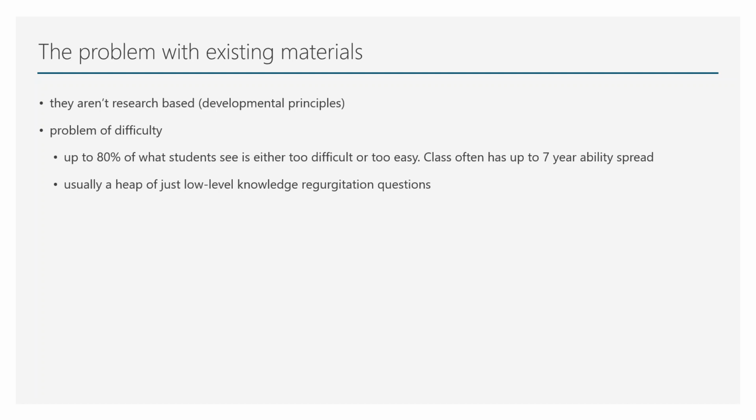Some of the textbooks have started asking skill-based questions and historical thinking concept-based questions, but they're not mapped to a progression, and so there's no way for students to get better by answering harder and harder questions. So even if there are questions that test or develop a skill or look at a historical thinking concept, the teacher and the student don't get any idea of which ones are more difficult and which you should do to get better.